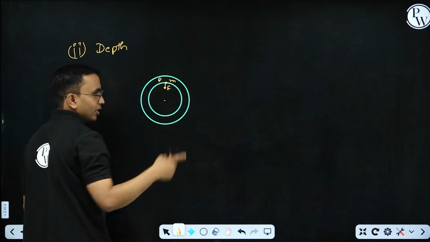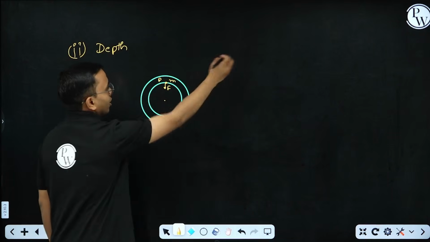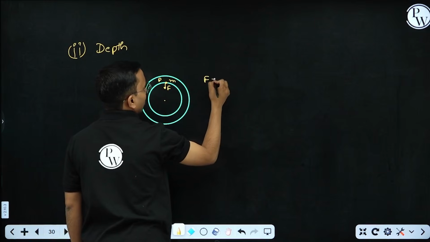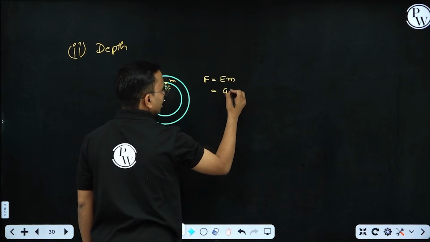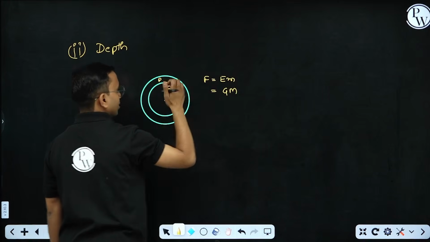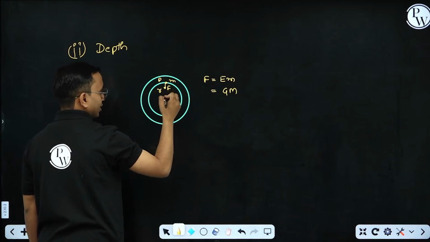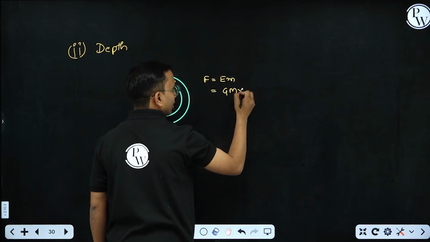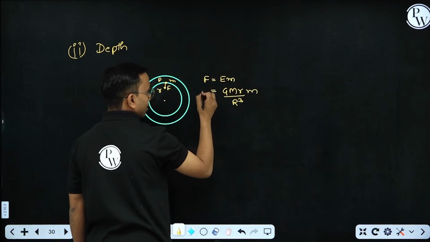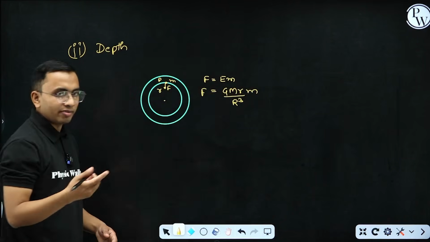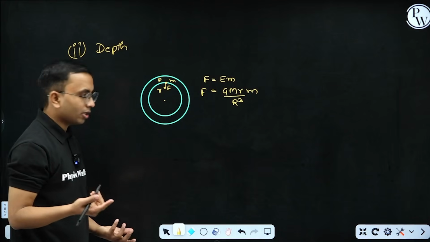So this is like a solid sphere condition. I'll say the force there will be my field into this mass. What is the field there? G m into the distance from the center, that is r, divided by R cubed, into this mass m. This becomes my force. Just divide this by m and you'll get acceleration.